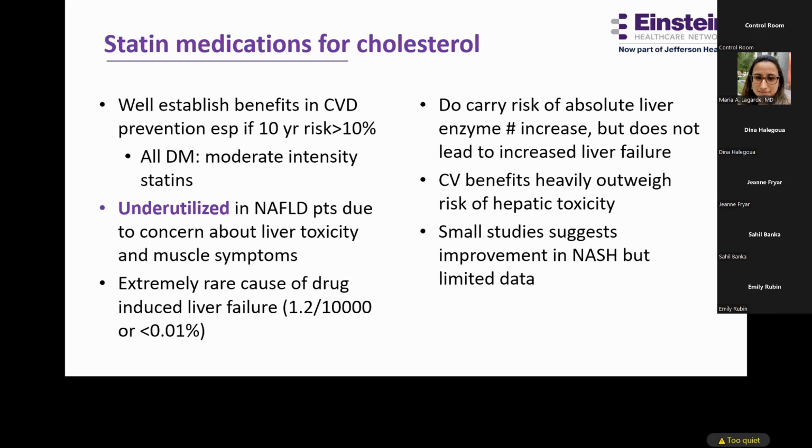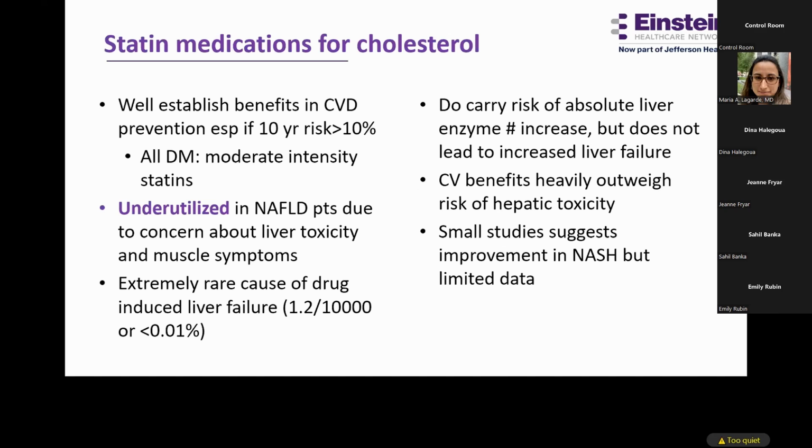And I find that these statin medications are very underutilized in patients with fatty liver disease because people are worried about the statin effect on the liver, and also many people are concerned about muscle soreness. But if you look at the literature, statin medications are an extremely rare cause of liver failure.